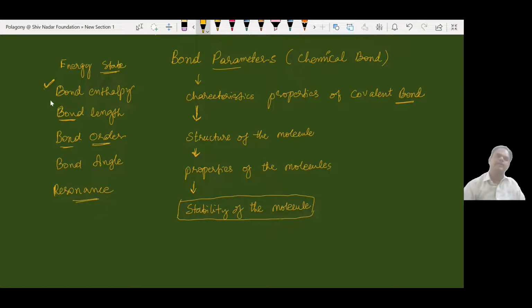So these are all the parameters: bond length, bond enthalpy, bond order, bond angle, and resonance. If you study all these parameters, you'll understand the detailed characteristics of the covalent bond.